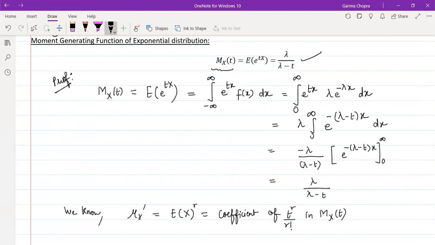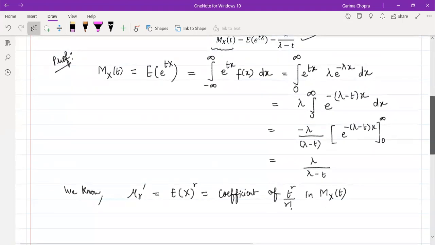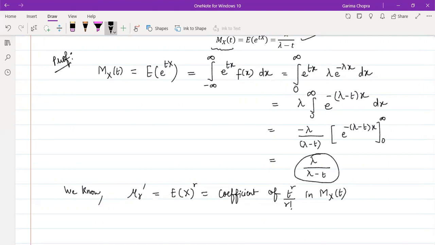Now let us find out the first moment about the origin and the second moment about origin from this obtained generating function. So for finding the coefficient of t and the coefficient of t square upon 2 factorial, we will be rewriting this moment generating function, which is lambda upon lambda minus t, in the form of series. And very easily we can write it in the form of series.